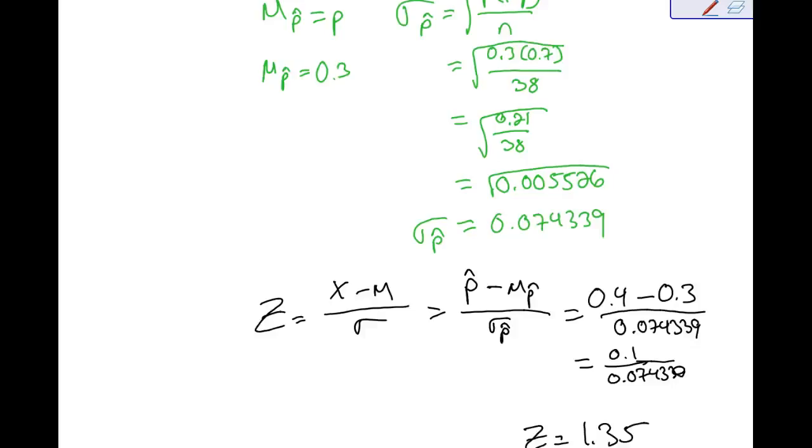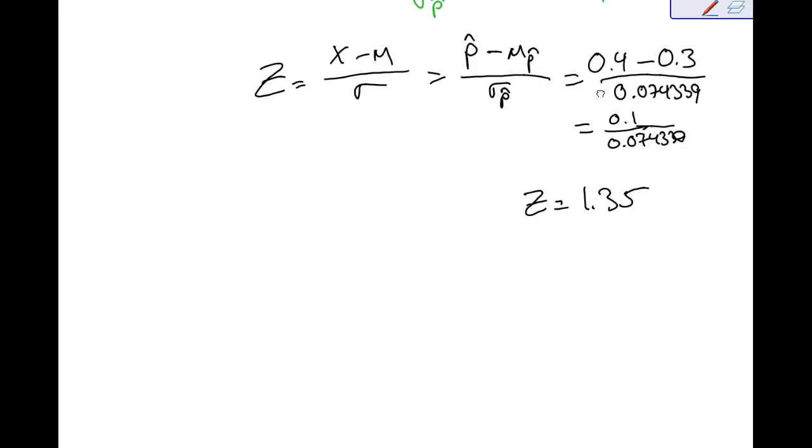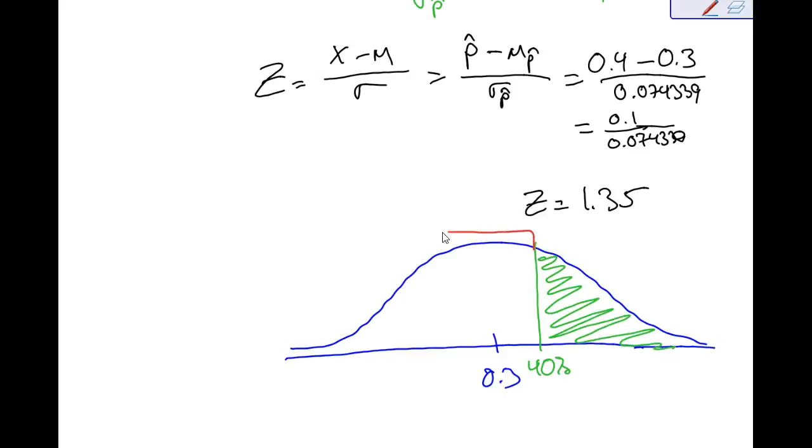I'm going to scroll back up because I want to find the probability that more than 40%. So here's my normal curve. Here's 0.3 or 30%. Here's 40%. And I want more than. Well, remember, if I look up my z, it's going to be here. So I'm going to have to take 1 minus that value.